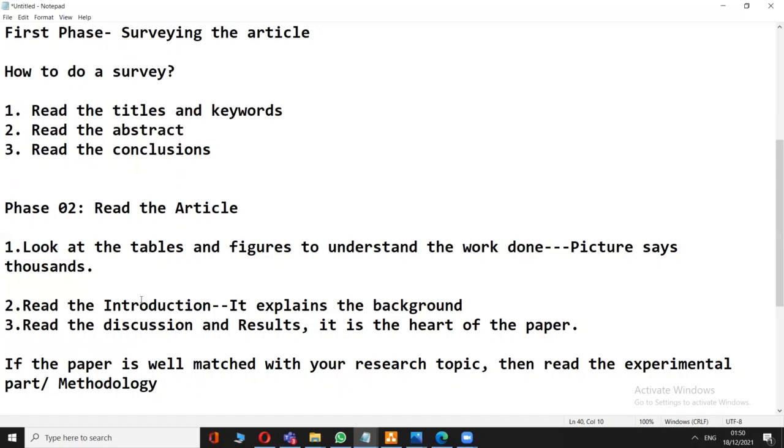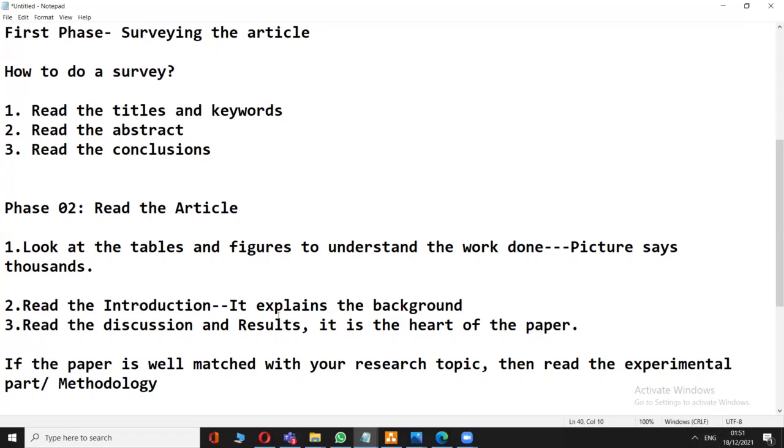After finishing browsing the tables and figures, you can go for the introduction, because I told you that from the abstract we can get some of the things related to the research, but we cannot get a complete idea from the abstract. Some things we cannot understand, we can understand from the introduction.